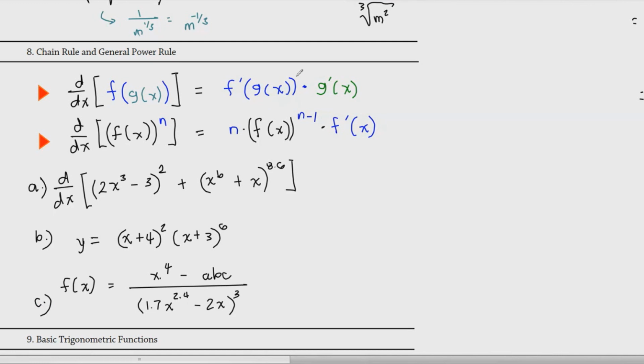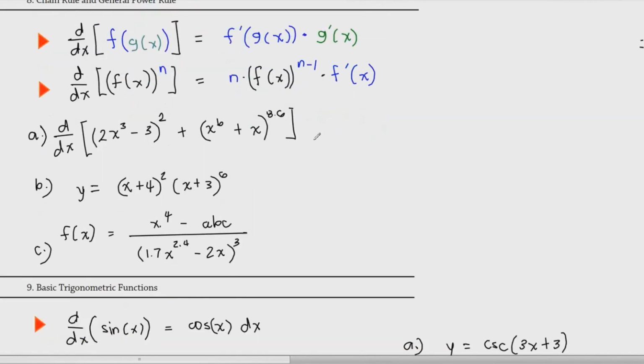Now, to understand it better, let me use this first example. We have here, as you can see, (2x cubed minus 3) quantity squared, plus x to the b, plus x raised to 8.6. We need to find the derivative of this. Now, this is a combination of almost all the rules that we have discussed.